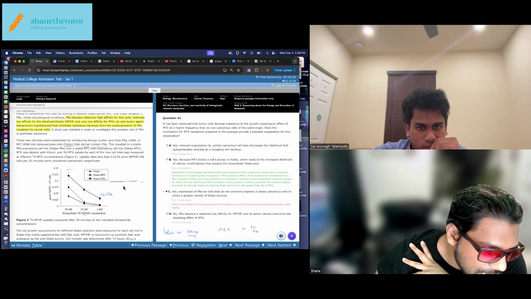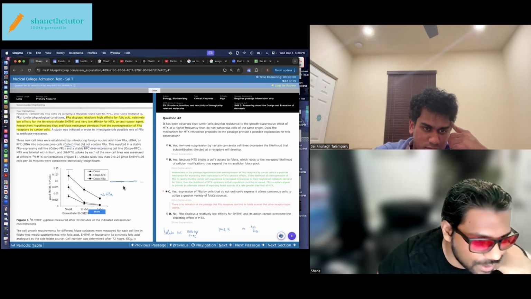Wait a sec. If they're saying that they're measuring at different MTX concentrations, this might be a mistake here, because there seem to be a couple of mistakes here. If they're talking about uptake of MTX, but figure one doesn't have anything with MTX, I have no idea what they're doing here.